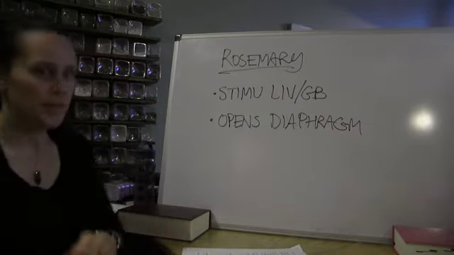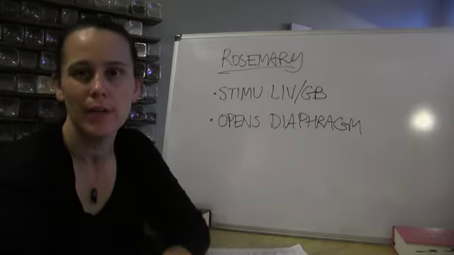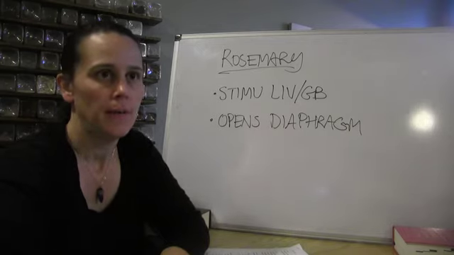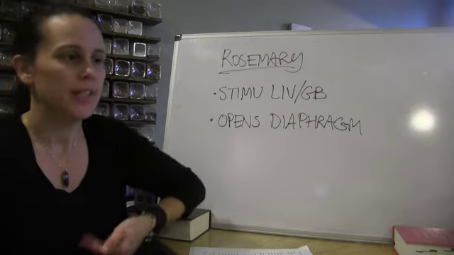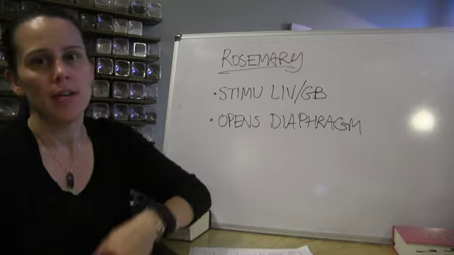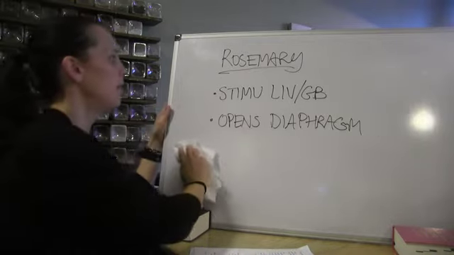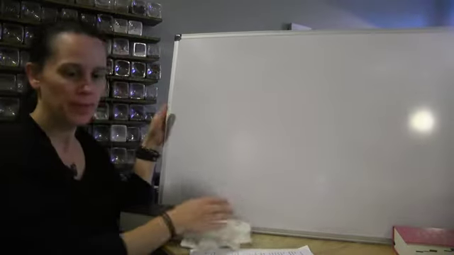Which can be helpful in some digestive conditions, especially, it's in the regulate qi category. If there's a lot of qi stagnation that's contributing to the digestive condition, if the diaphragm's really in lockdown, things that are going down aren't going to be going down, qi that should be rising isn't going to be rising. So opening the diaphragm can be helpful too, as well as stimulating the gallbladder, stimulating bile production with its other function.